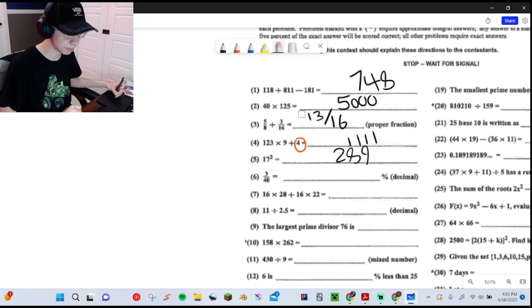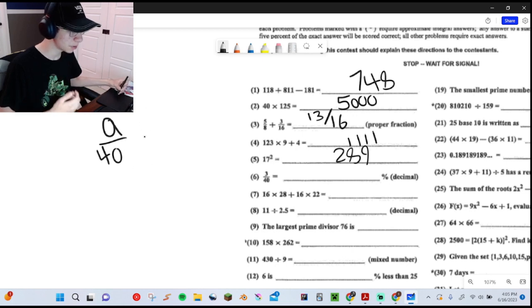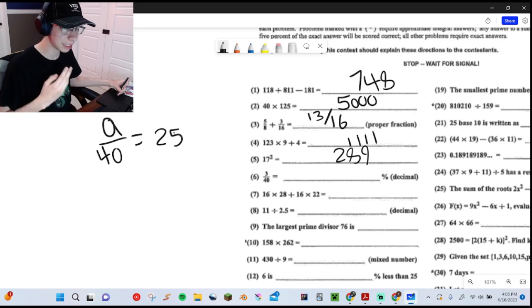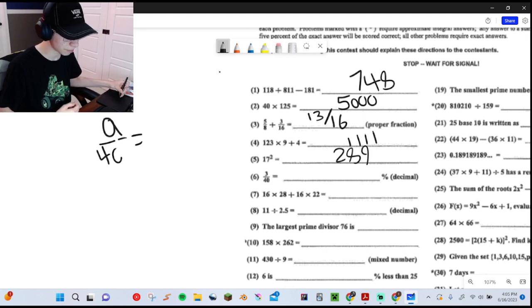Alright, so number 6, 3 over 40. So whenever you have a number like a over 40, the decimal representation, or I should say actually the percent representation, because that's what we want here, it's always equal to 2.5 times whatever a is.